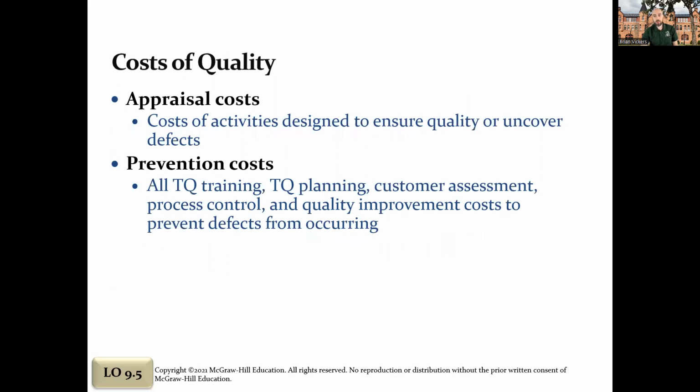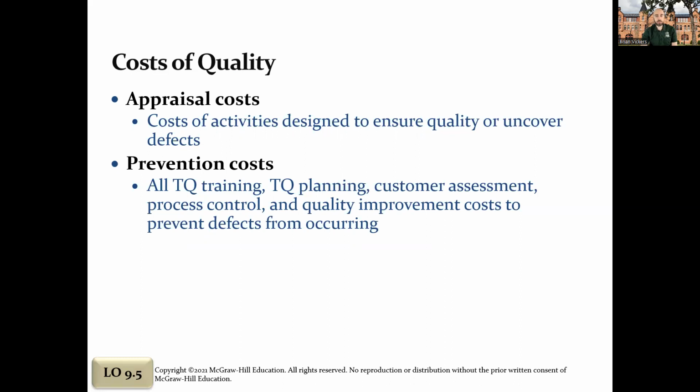What are some costs of quality? Well, you've got to pay for appraisals to be done, making sure that those products are being manufactured in quality ways. You've found defects before they get out, so you're paying someone to do those appraisals. Prevention costs, so this is before the issue arises. You have total quality training, planning.